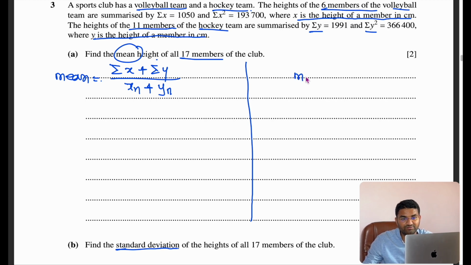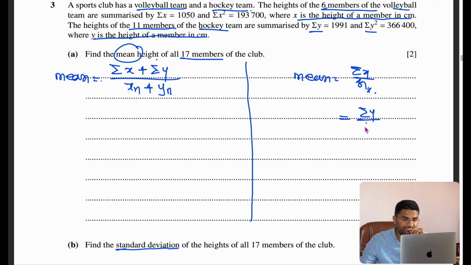Suppose you calculate the mean of just the volleyball team, summation of x over n, that's a different one. And if you calculate the mean of the hockey team, that's again a different one, with n the number of members in the hockey team. So you have to just add both of them.